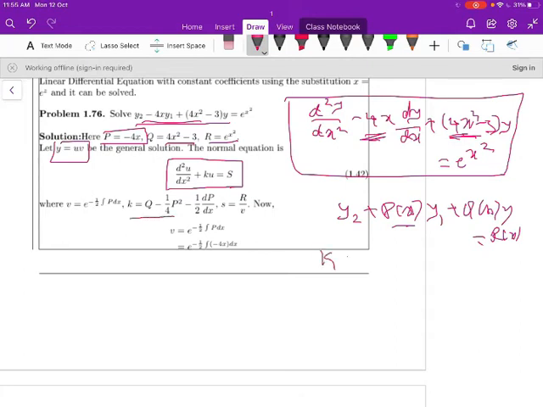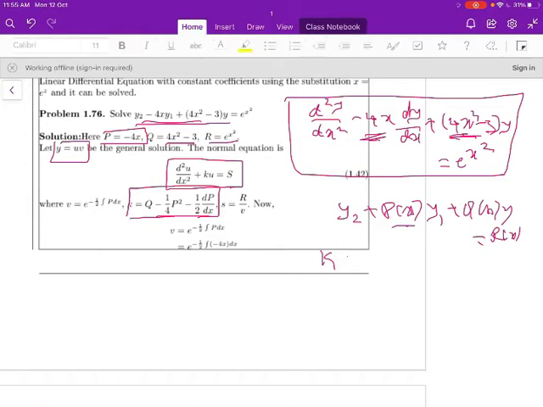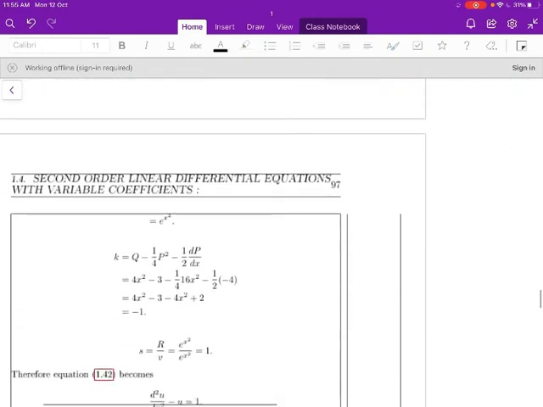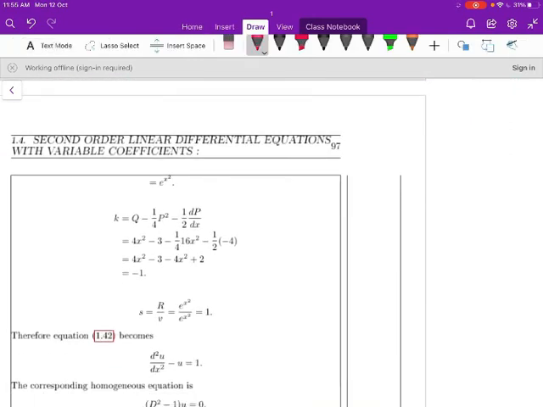Where k is equal to q minus 1/4 p² minus 1/2 dp/dx, and we know that v is e to the power of minus half integral p dx, and s is r by v. Here p is equal to minus 4x.